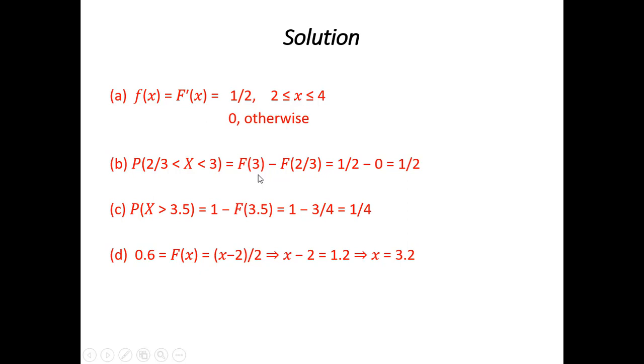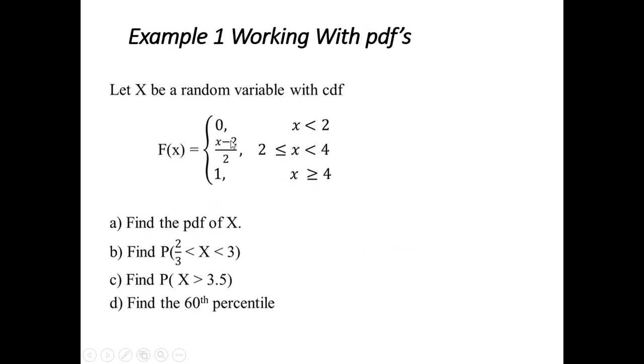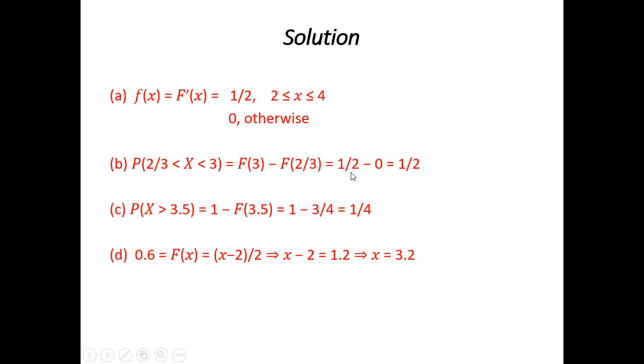F of 3, if we substitute into here, will be 1/2. So that's where we get this. And F of 2/3 is 0. So we get the probability very quickly using the CDF. The answer is 1/2.